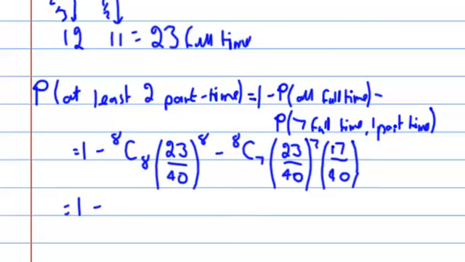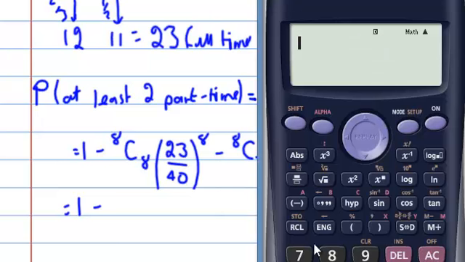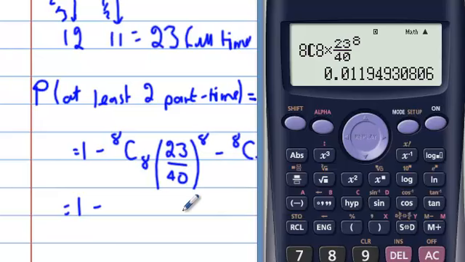Okay, so if we calculate these parts, then we've got, I'll put it in anyway, 8 choose 8 times the fraction 23 over 40, and that's the power of 8. So if we round that off, it's 0.0119.